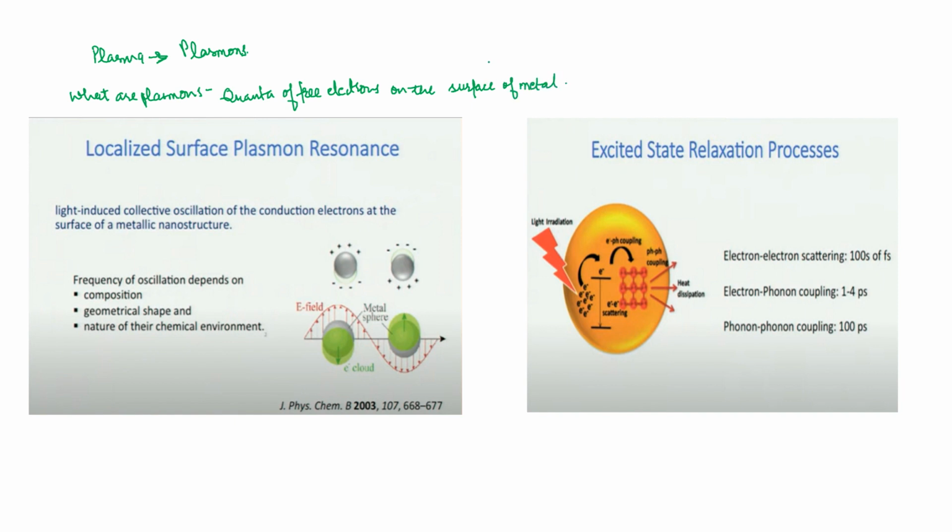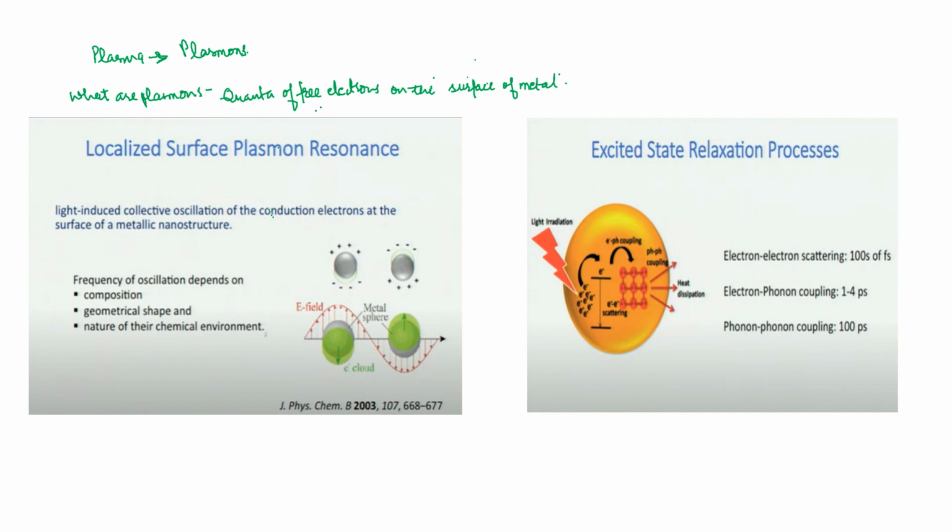Talking about the surface of metal, as you know, nanoparticles have quite a high surface area, first of all, and thus there are a lot of free electrons on the surface. These are the conducting electrons, and together they form a quanta.